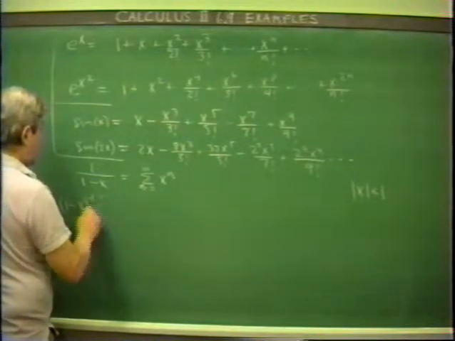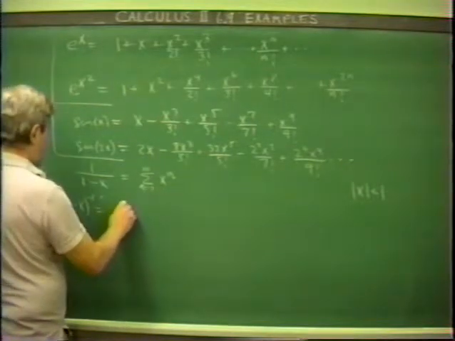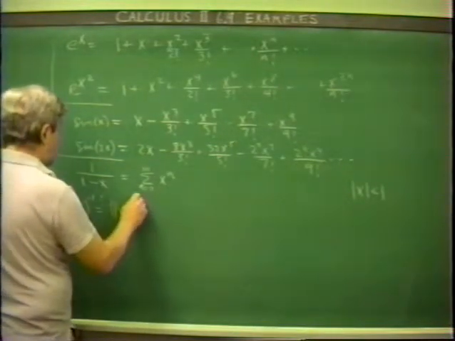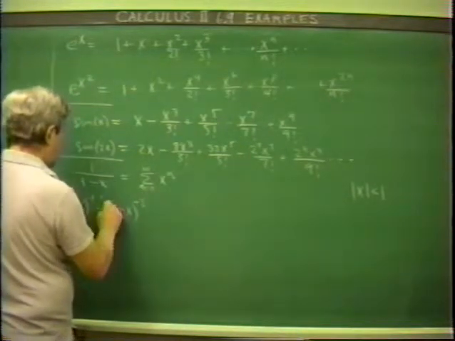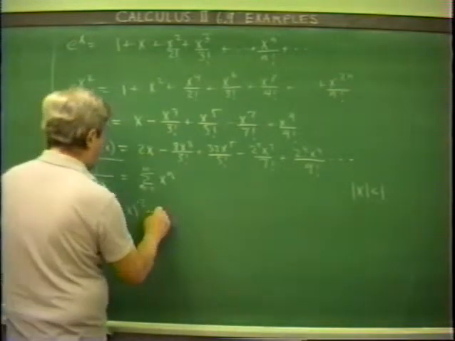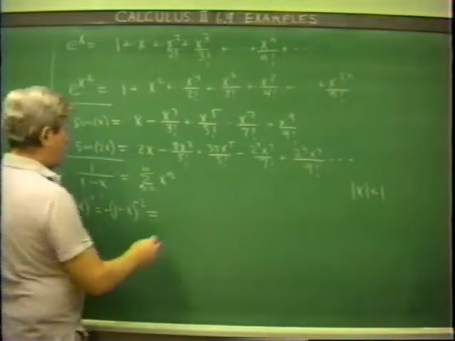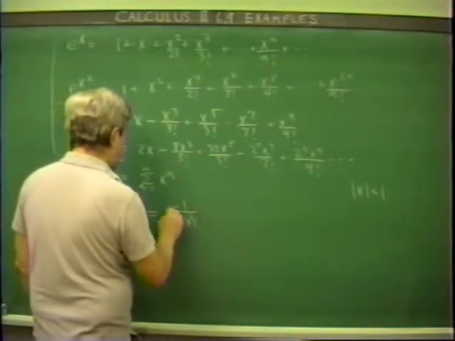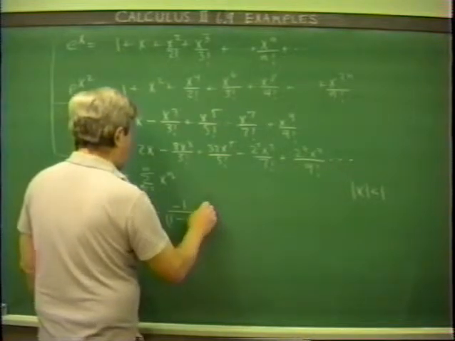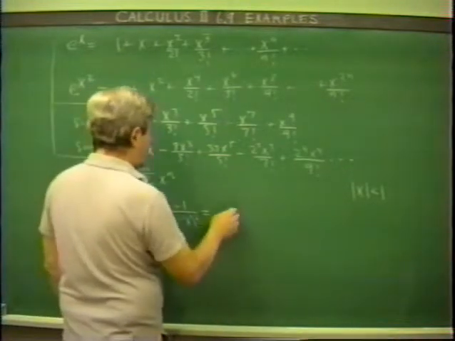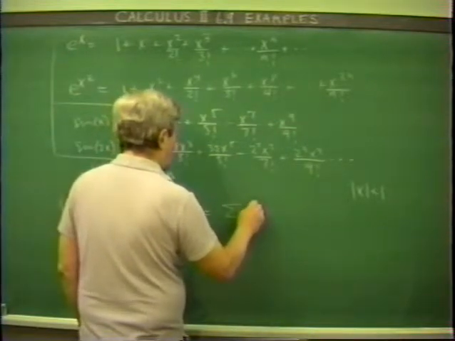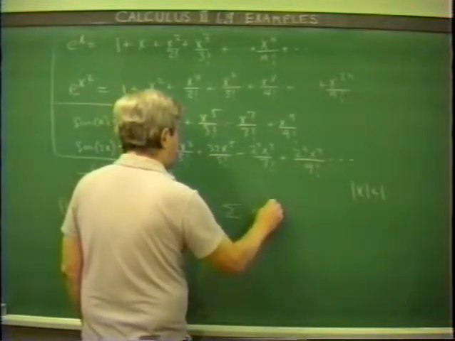All right? Well, suppose we differentiate this. This is 1 minus x to the minus 1. The derivative is going to be 1 minus x to the minus 2 times minus 1. And now the theory says here that we can write this, minus 1 over 1 minus x quantity squared, as the differentiated power series here.